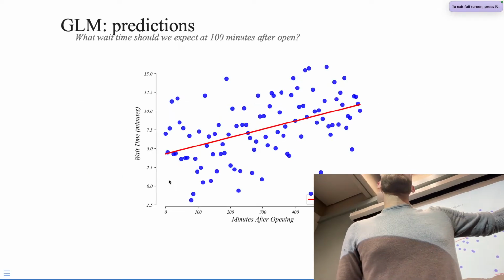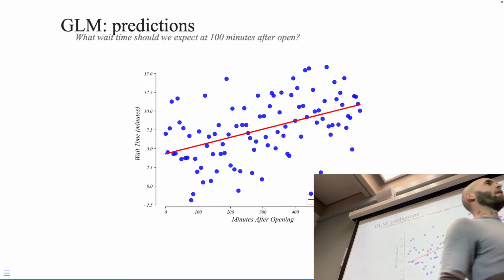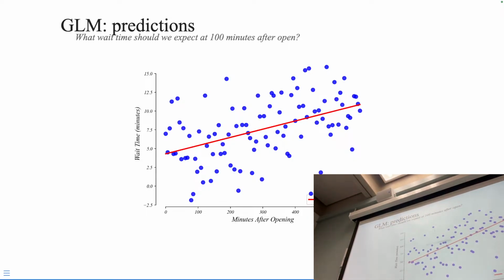So if we're trying to make predictions with our model, we've gone through and fitted our model. I'm wondering, on average, how many minutes do I have to wait if I go to the shop 100 minutes after they open? The way we learn the prediction of the model is we just plug an x value into the linear relationship. It's really not more complicated than that.